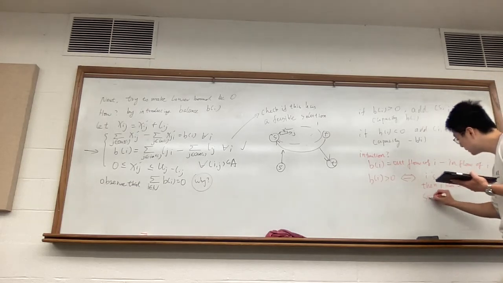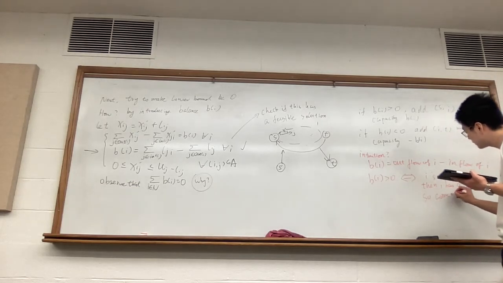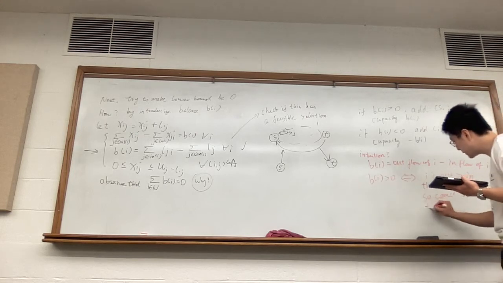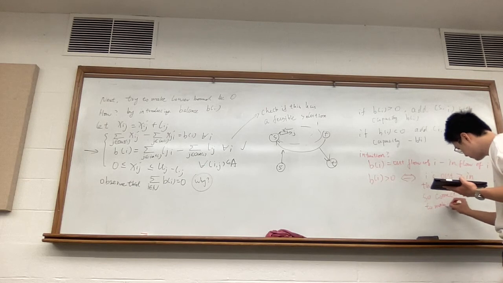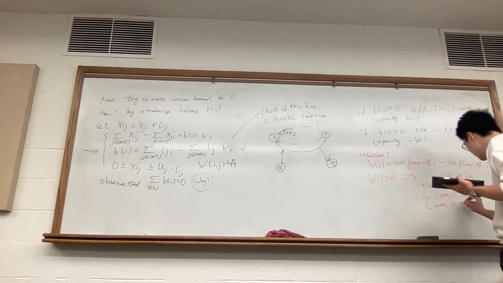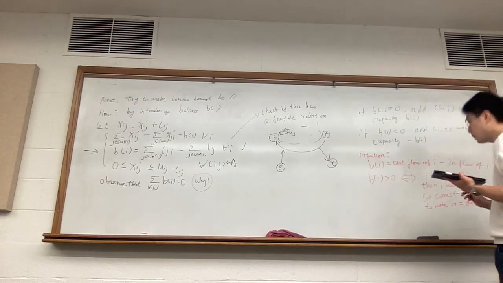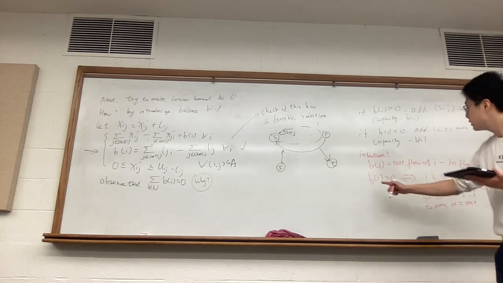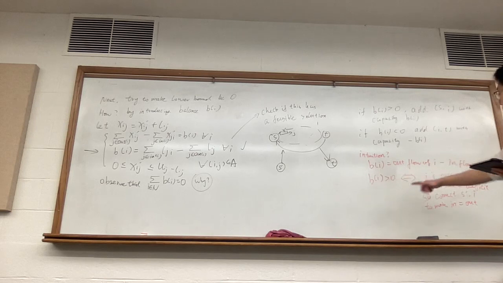So connect S prime and I to make in equal out, right? When BI is greater than 0, it means that I's out is greater than in. Then I has a deficit.